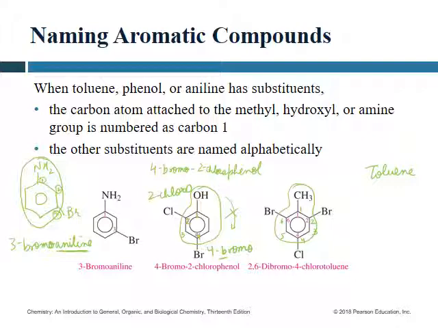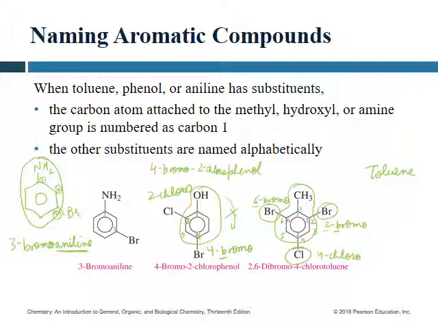Now what are my substituents? I have a 2-bromo, a 6-bromo, and a 4-chloro. Which one comes first? Alphabetically, bromo will come first. And I have two bromos on carbon number 2 and carbon number 6.